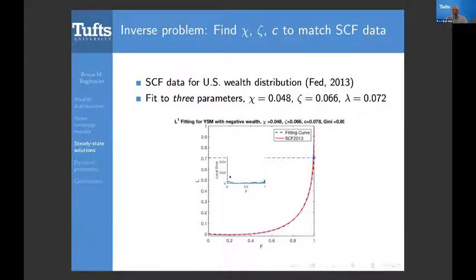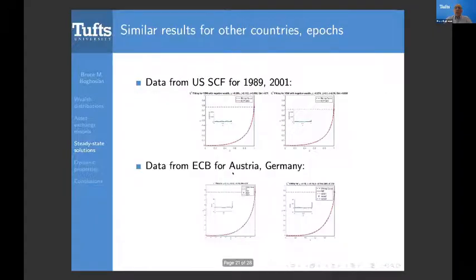The average error of fitting in this case is less than 0.21. We can do the same thing going back through 30 years of Survey of Consumer Finances data. We can also do the same thing for many different countries. We've looked, for example, at European Central Bank countries.